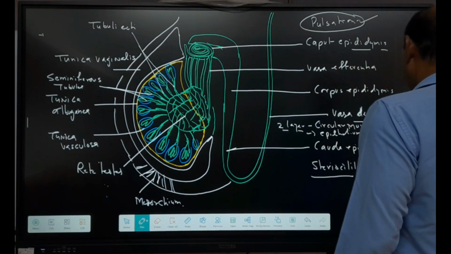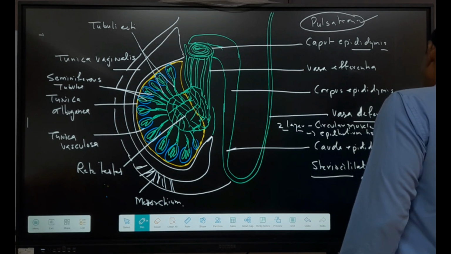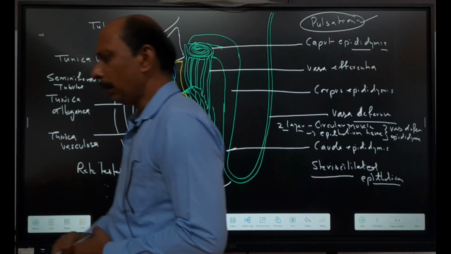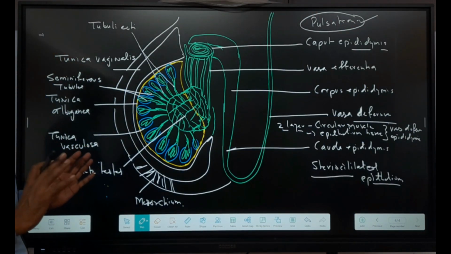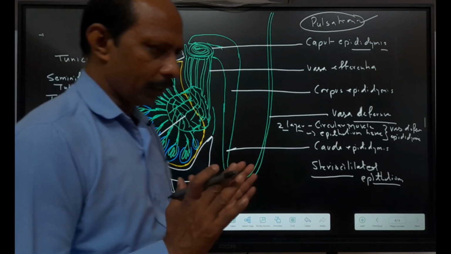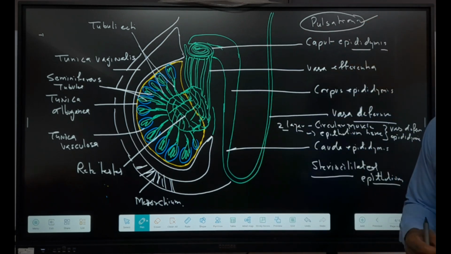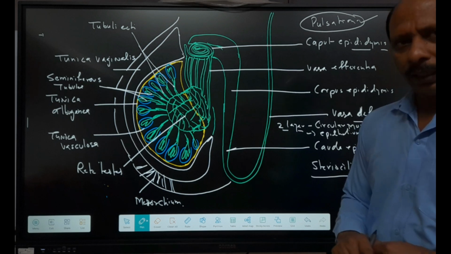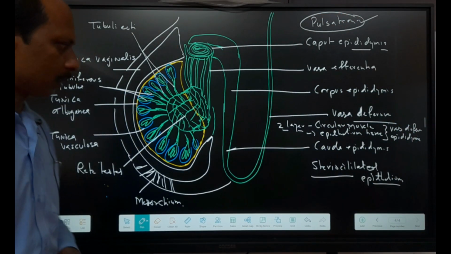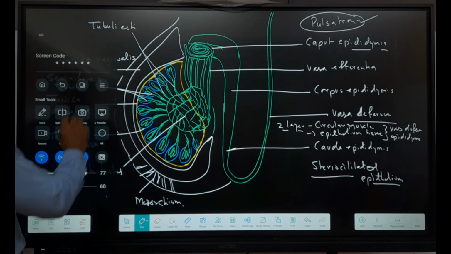These are the two layers in the vas deferens and in the epididymis, right? So this is the structure, or we can say the external structure, of the testis. We are not going into microscopic anatomy, but it is the anatomy of the testis. And it is the longitudinal section of the testis, not a transverse section of the testis. Okay. Now come to the NCERT, then we read another thing.